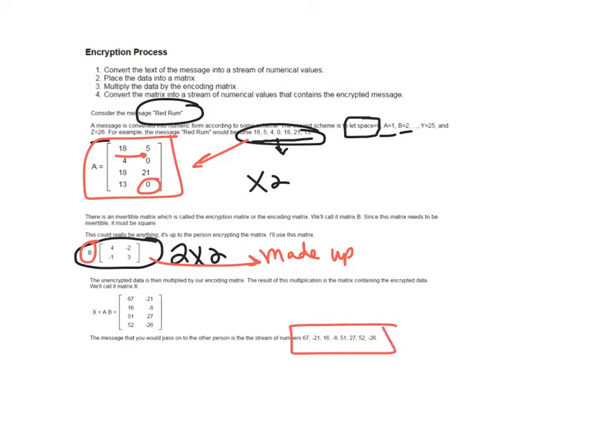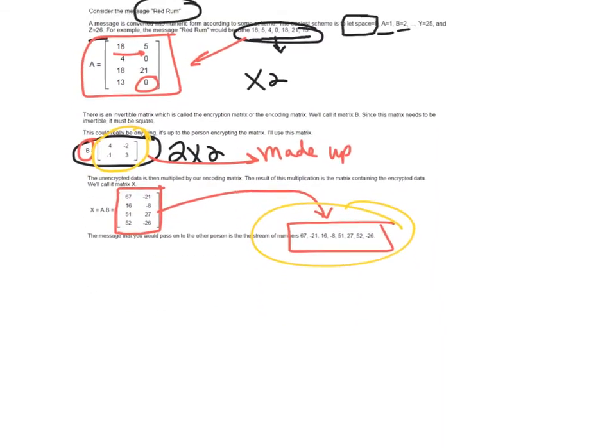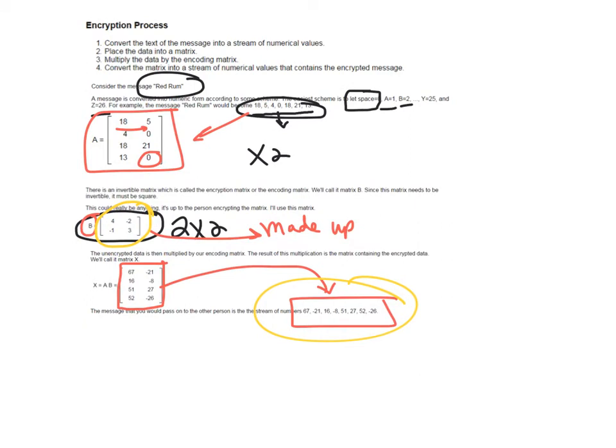So you would encode the matrix by multiplying A times B, list it out as numbers again, and give the other person that string of numbers, and you'd give them the decoding matrix. That's all you would need to do.